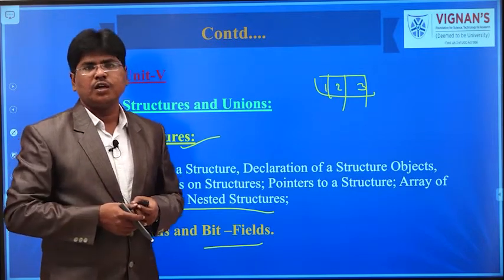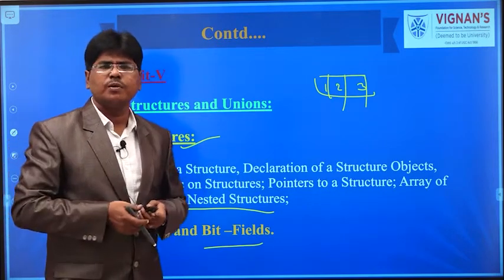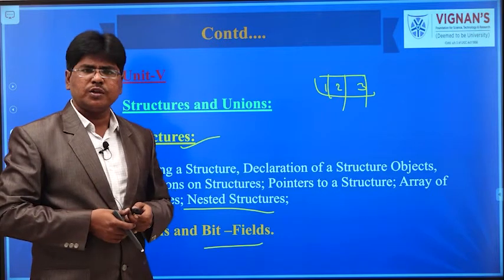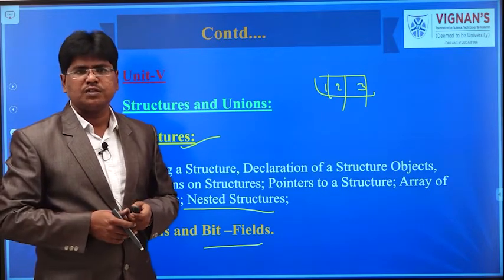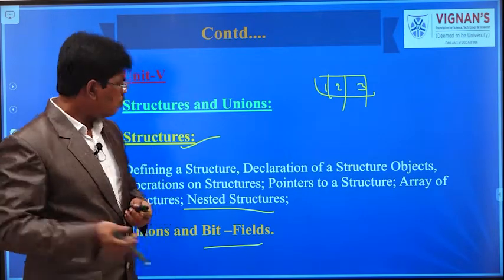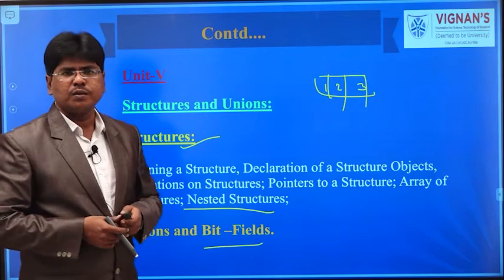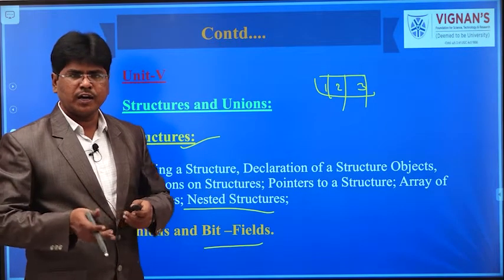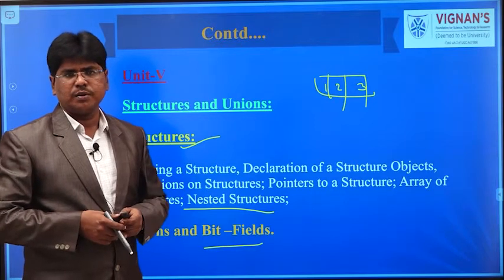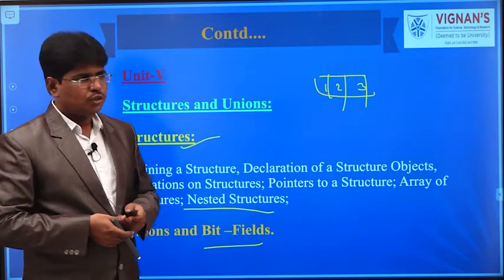If we take any structure, arrays or variables, whatever it may be, and we want to do some operations on the bits of the memory, then we go for the bit fields concept. So this is the overall fifth unit. In this, structures and unions are very important concepts. If you go for programming and want to handle different heterogeneous elements, then you have to go for the structures and unions concept.